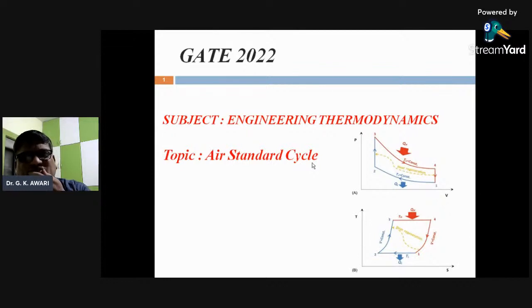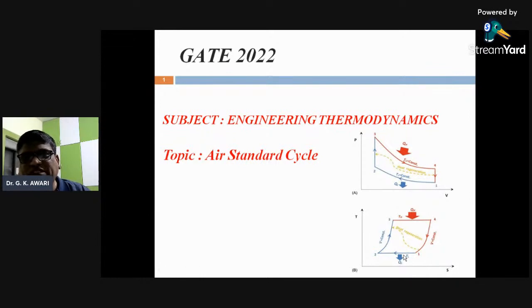And as you are aware, the air standard cycles and their study is very important. You might have seen that we draw such cycles in a PV diagram, that is pressure volume diagram, and the TS diagram, that is the temperature entropy diagram.